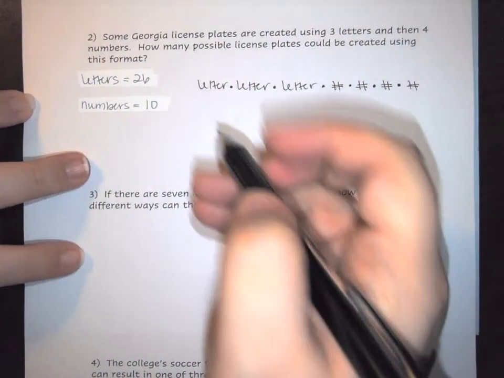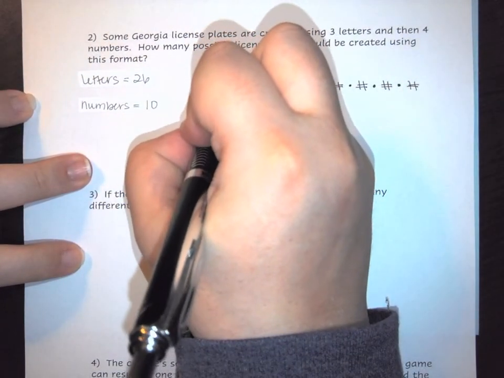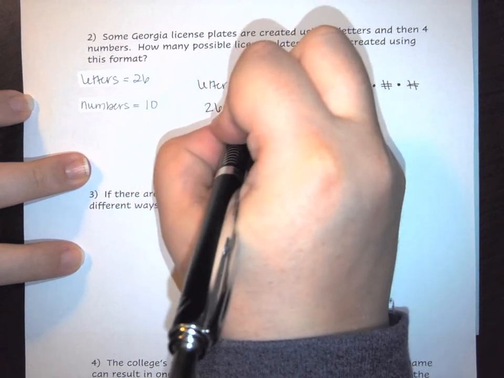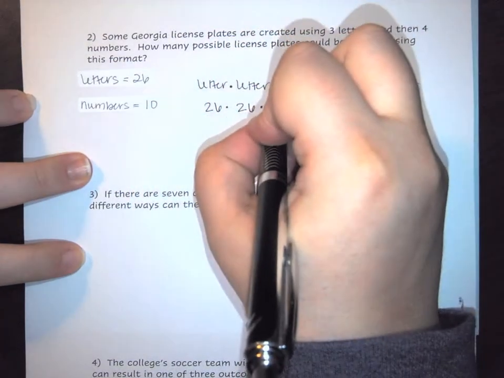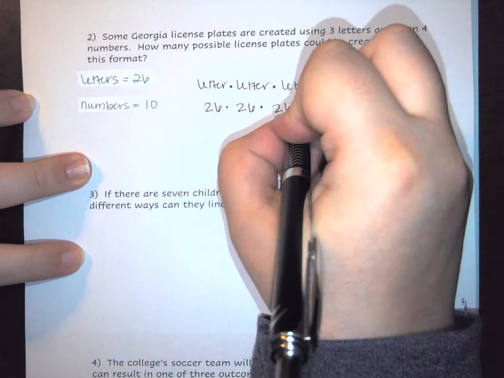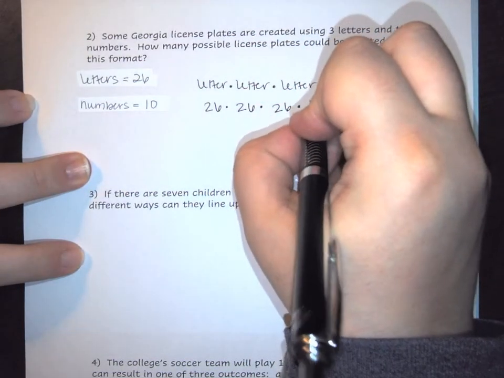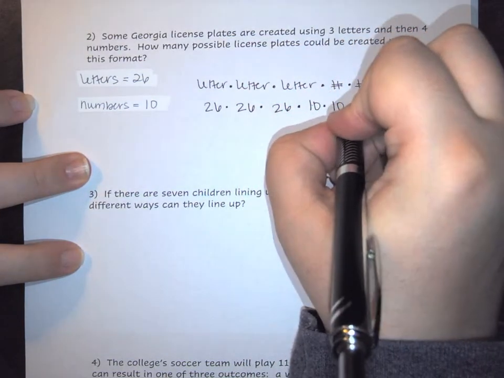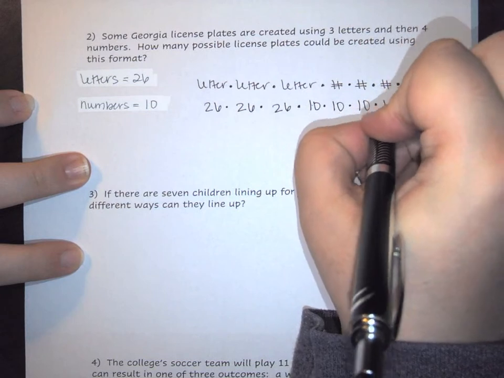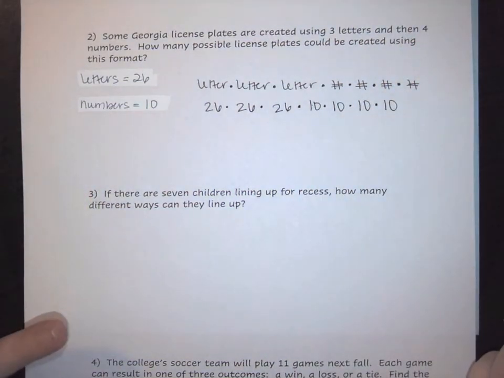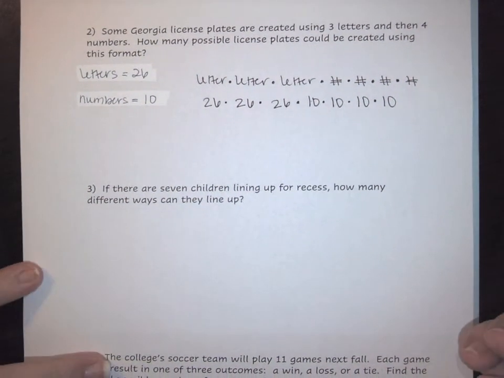So in this case I have 26 letters to choose from times 26 times 26, and then I had 10 numbers times 10 times 10 times 10. So this is going to give me my total number of ways.